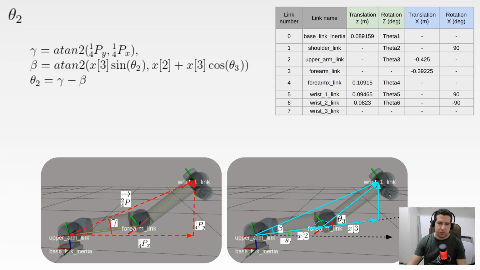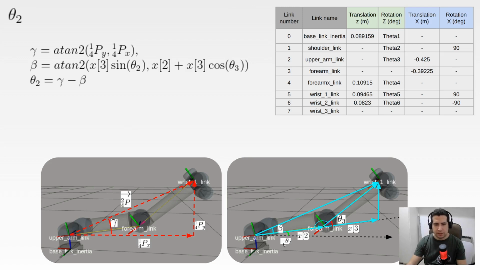It is the opposite side, or x3 times sine of theta 3, or this component here, over the adjacent side, that is x2 plus x3 times cosine of theta 3, or this projection here. And then we calculate theta 2.